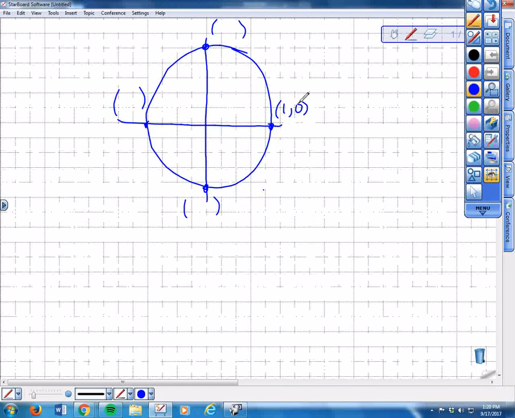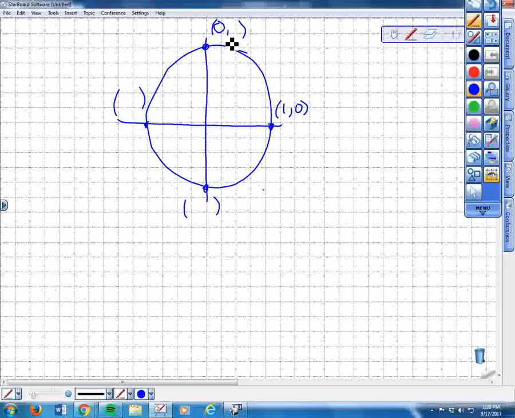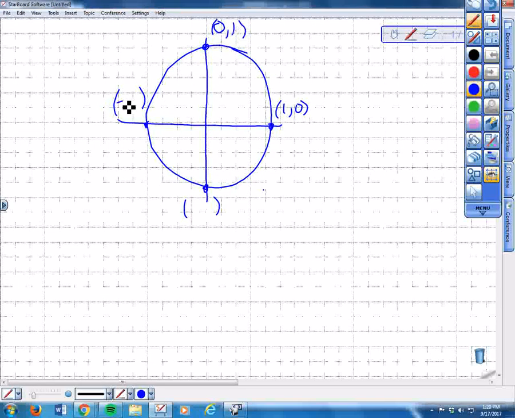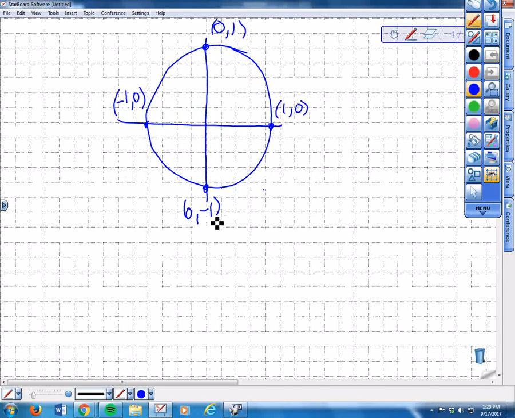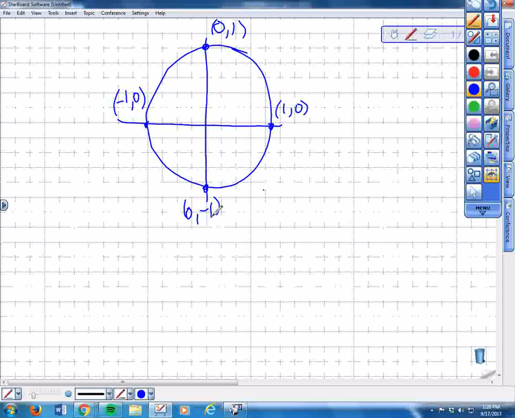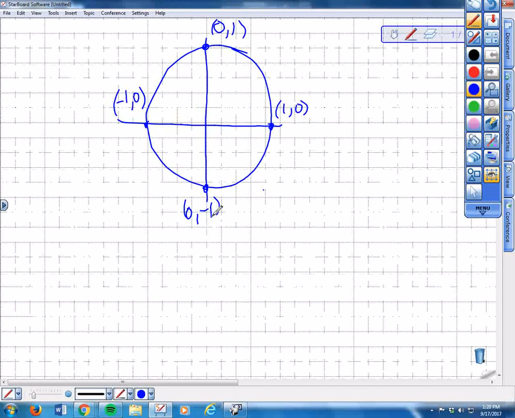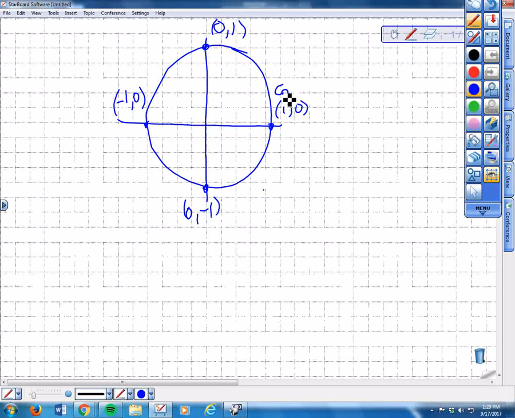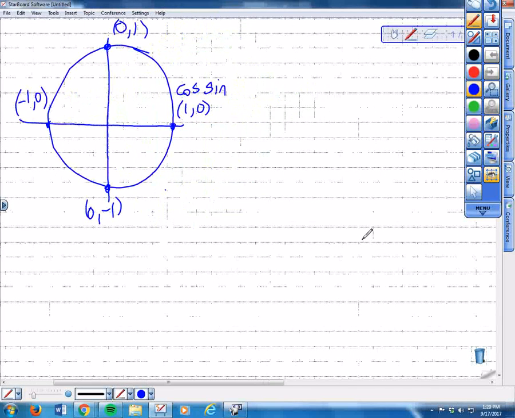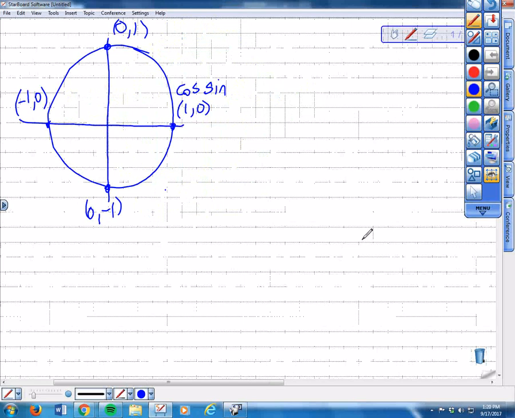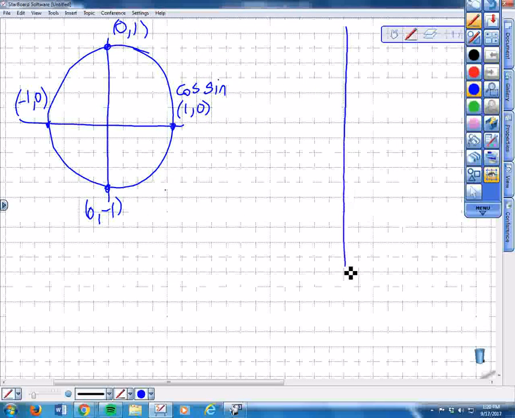And that one is negative 1, 0. That one's 0, negative 1. What do we also know those coordinates represent? X is cosine, Y is sine.